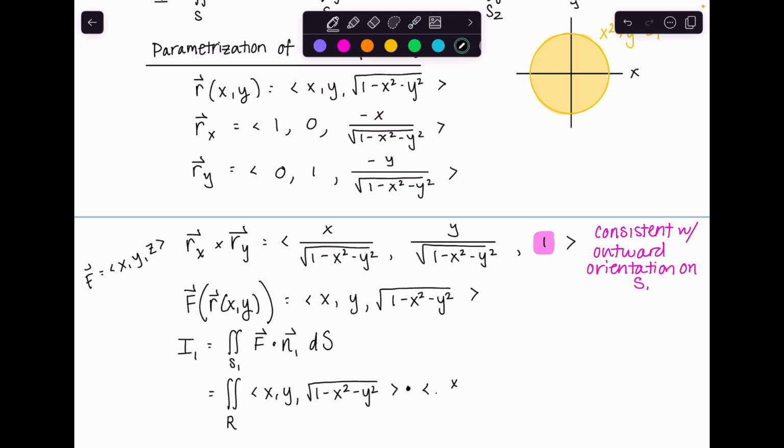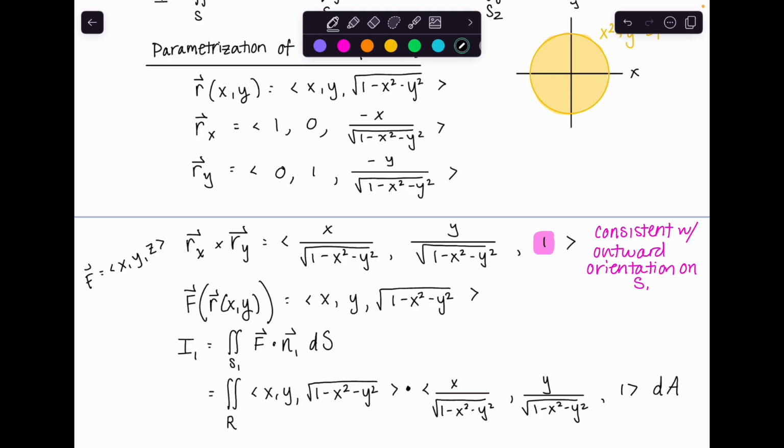So dot product with x over square root of 1 minus x squared minus y squared, y over the square root of 1 minus x squared minus y squared, and then 1. And then we're going to integrate this with respect to x and y.